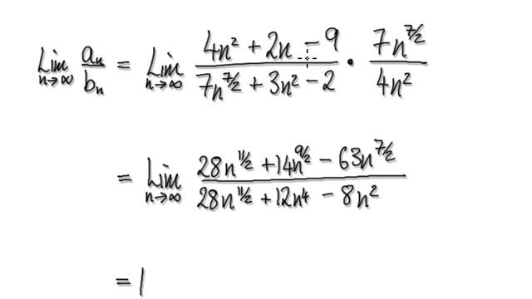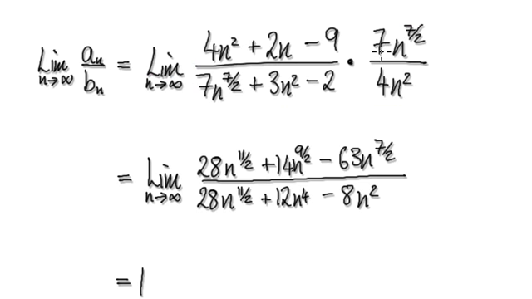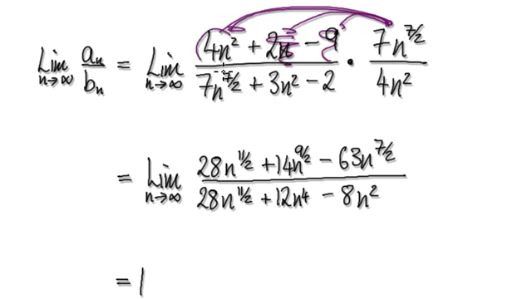So now you can see, what is the limit of this as n heads towards infinity? Well, you can get this times this, this times this, but don't bother with this. Just look at the dominant terms, because as n tends to infinity, it will be this multiplying with this that will dominate.